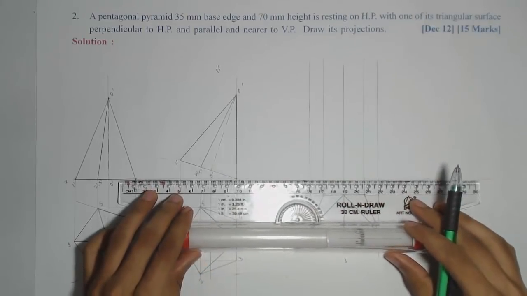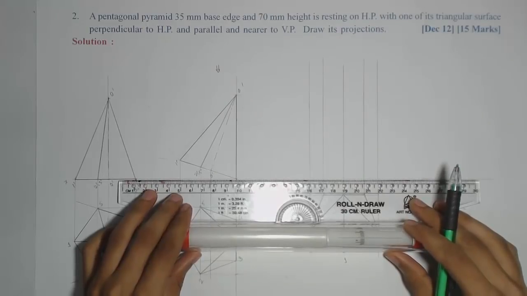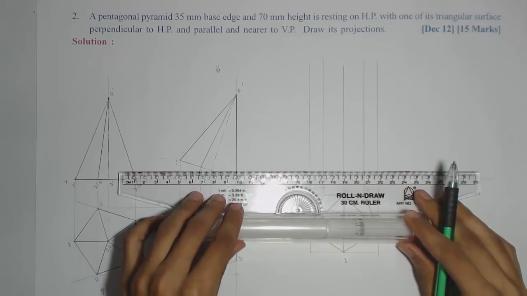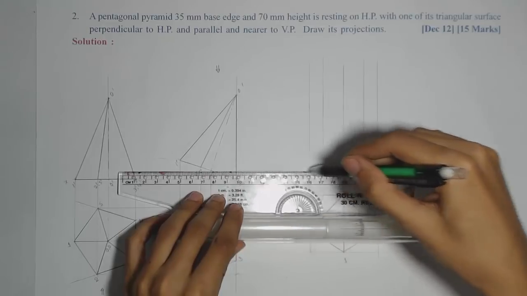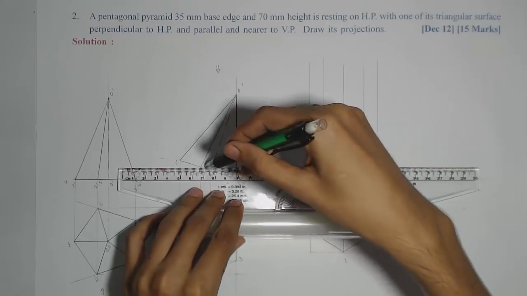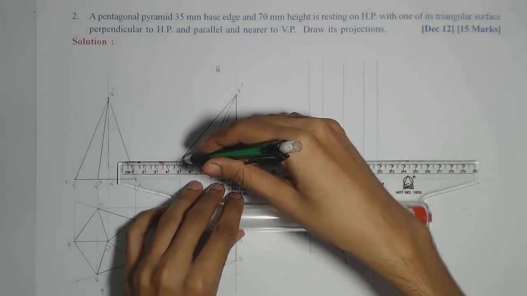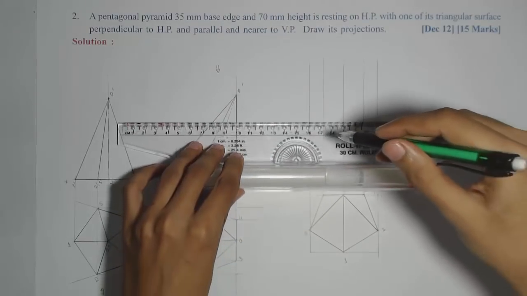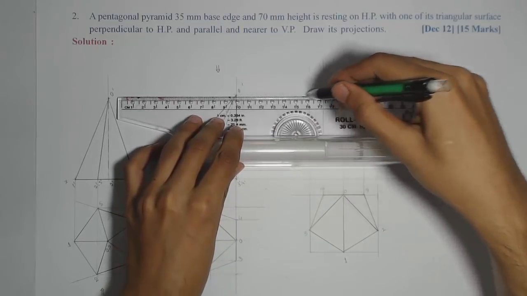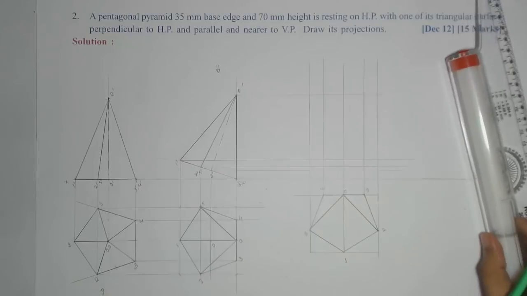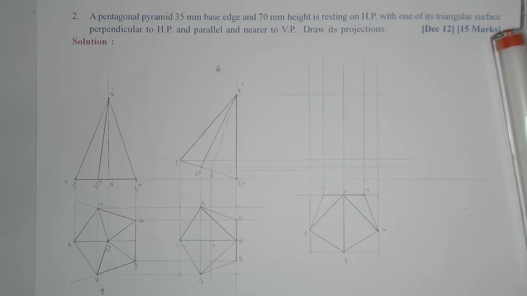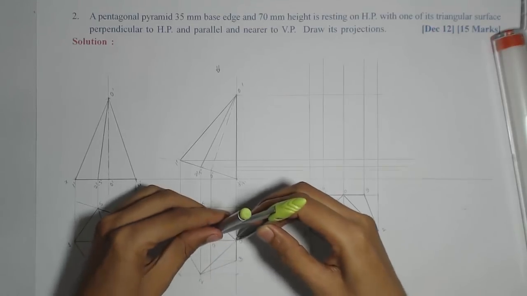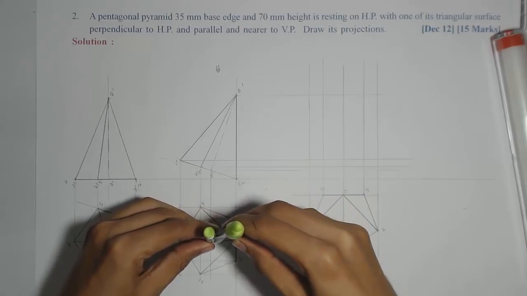I'll drop the projectors from the front view also. 4 dash, 2 dash, 5 dash, 1 dash, and again the apex 4 dash. Okay. Now I'll first name the points. I think we have forgotten to mark this O, which is the center of the base. So I'll just mark that point also.